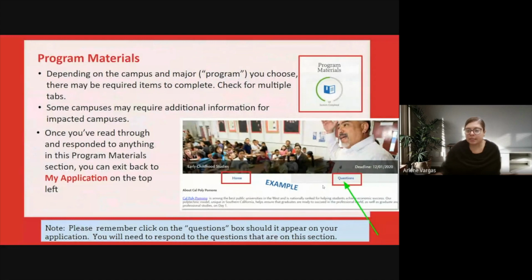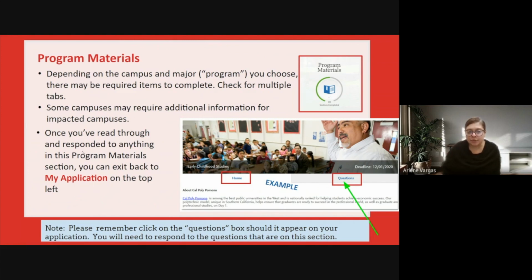This is an example of what it'll look like. Depending on the campus and the major or program you're choosing, there may be additional required items to complete, so check for multiple tabs. Some campuses also require additional information for impacted campuses. It's really important to make sure you complete this section.